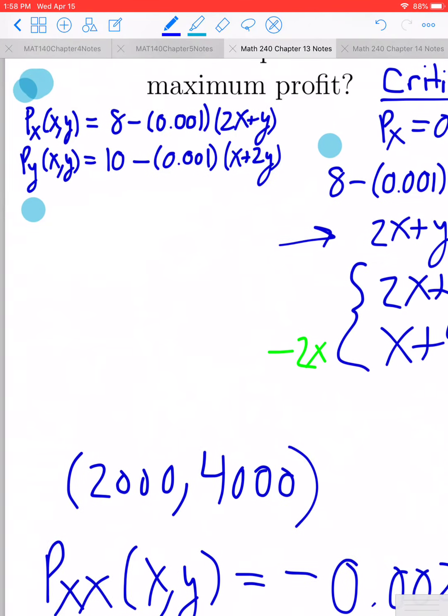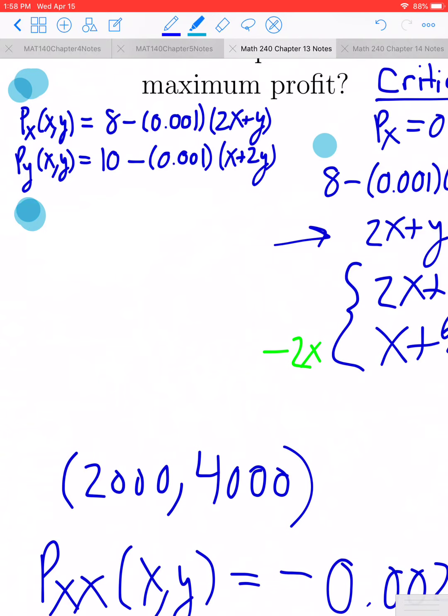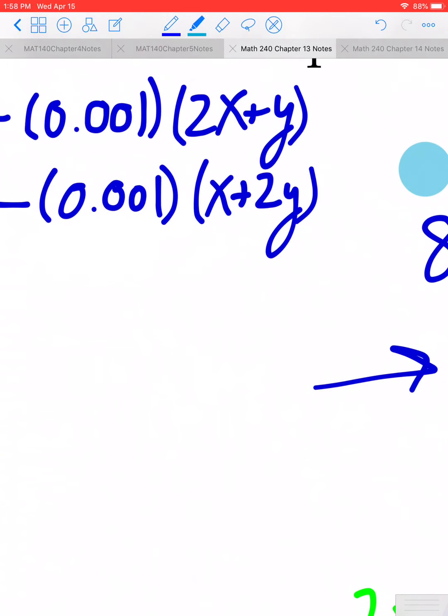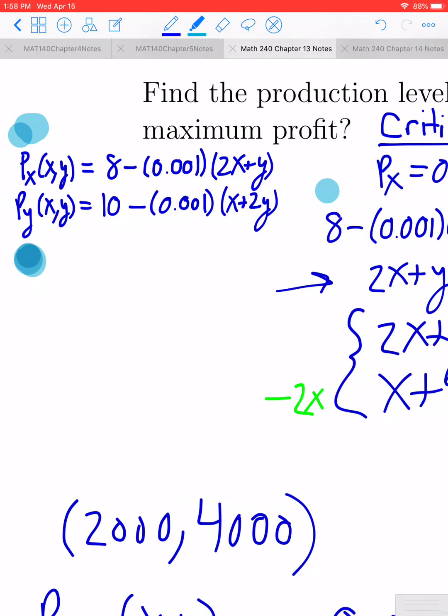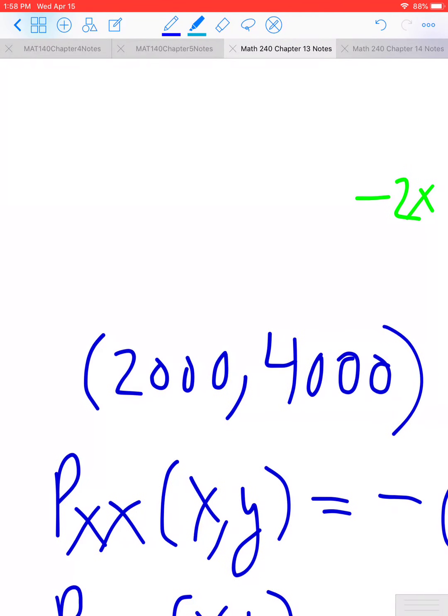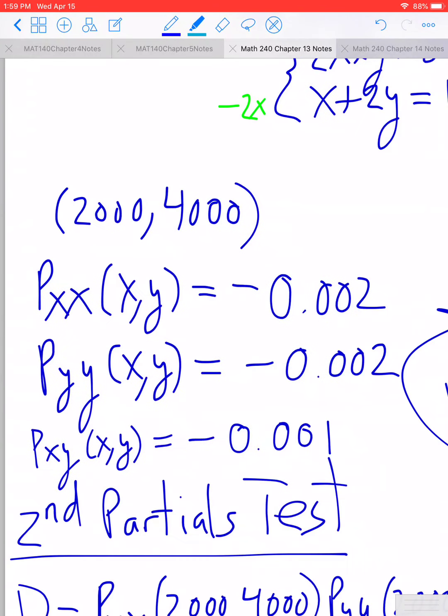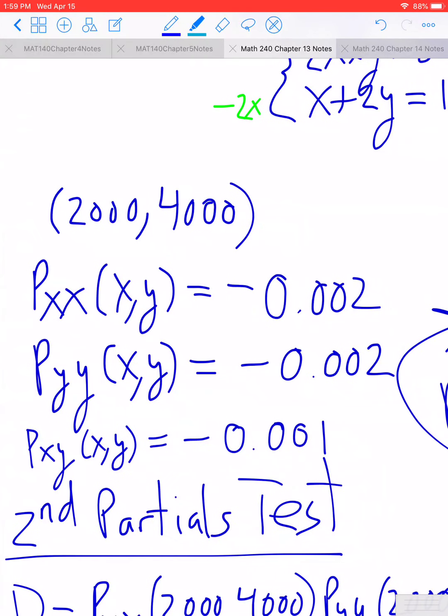Similarly, if we find the second partial of p with respect to y, the derivative of 10 is 0. I have that constant multiple of negative 0.001, and the derivative of x plus 2y with respect to y is going to be 2. So we get 2 times negative 0.001, and the second partial with respect to y is also negative 0.002.